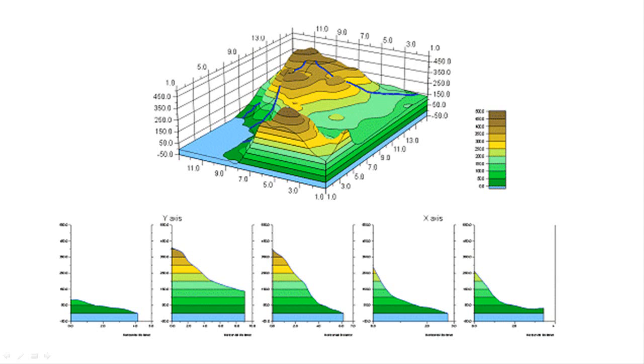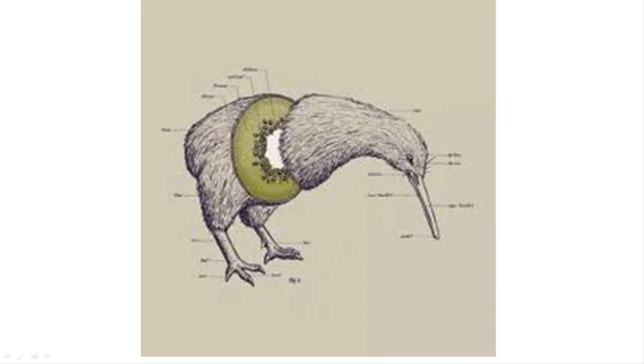So the cross section is a fairly useful tool for a two-dimensional representation of something to enable us to visualize what a particular road will look like.